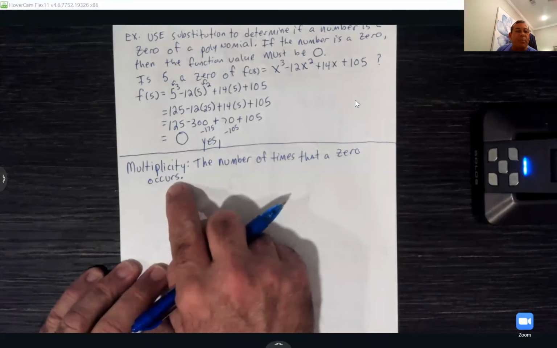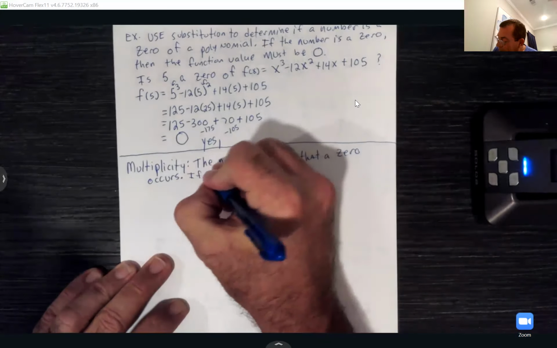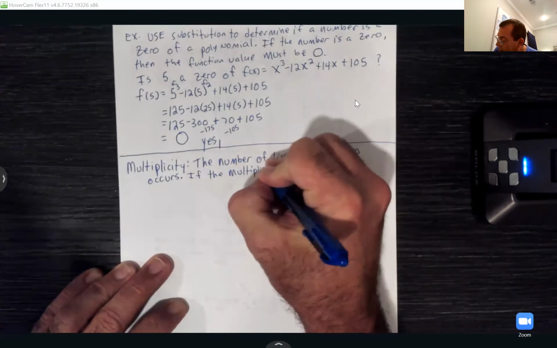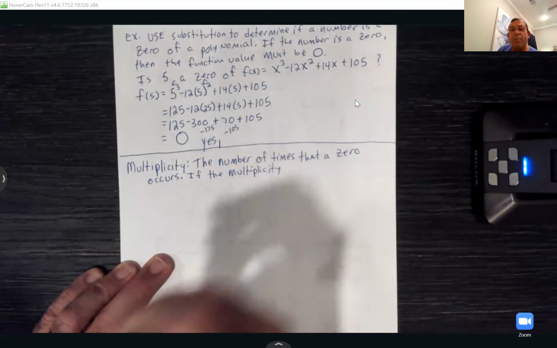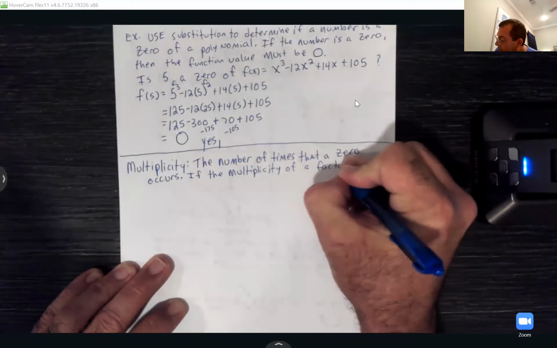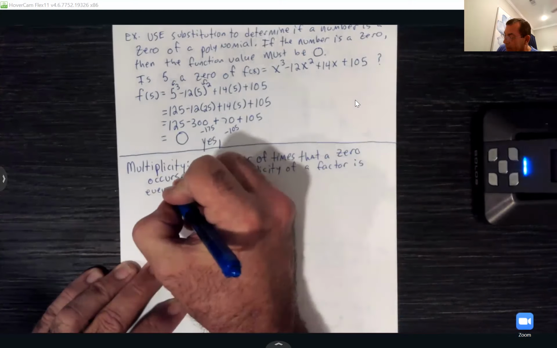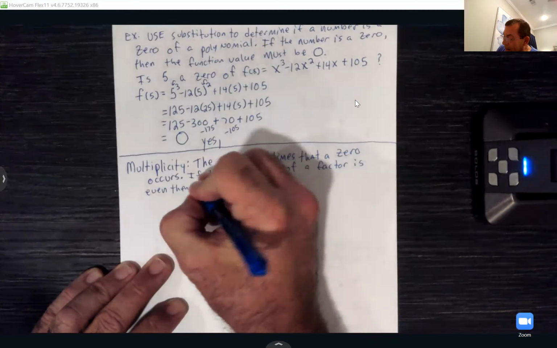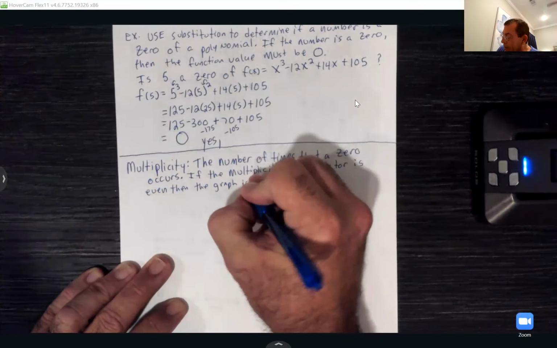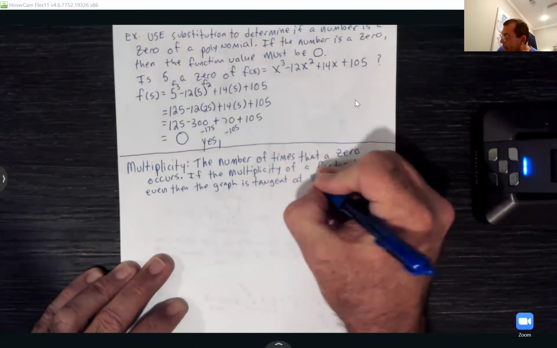Now, other things this multiplicity tells us: if the multiplicity of a factor is even, then the graph is tangent at that 0.